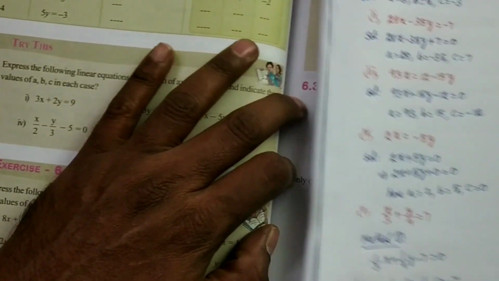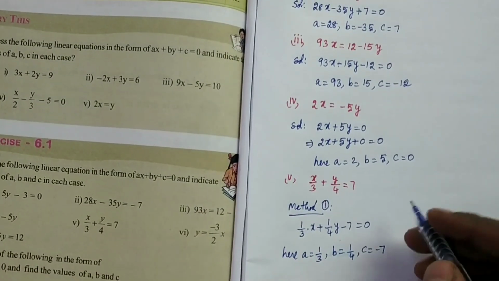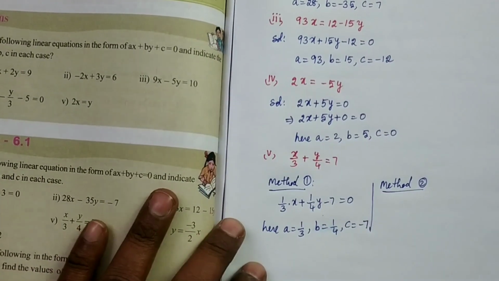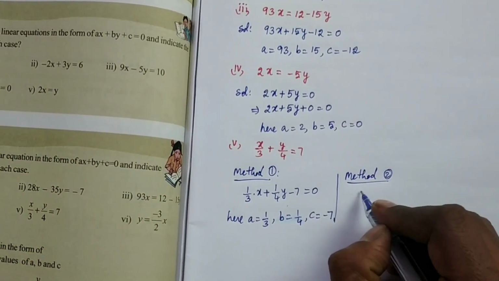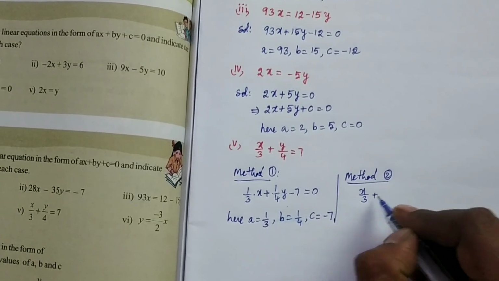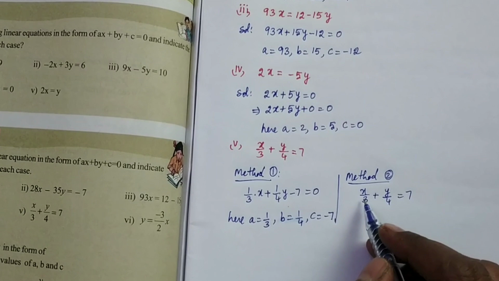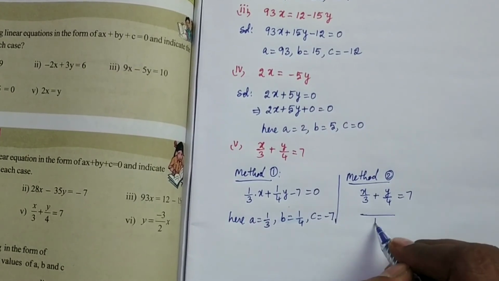But method 2 is also there for this problem. Now I am going to tell that method also, method 2. First, simplify the given equation, that means do the LCM: x by 3 plus y by 4 is equal to 7. On the left side you do the LCM. The LCM of 3 and 4 is 12.